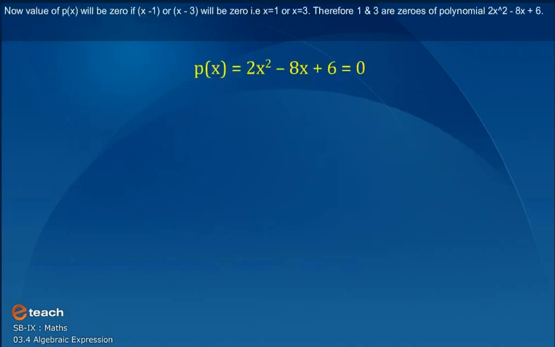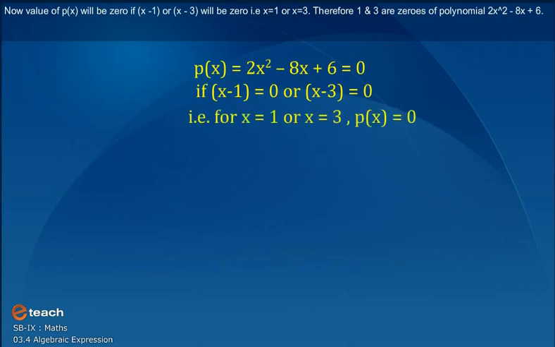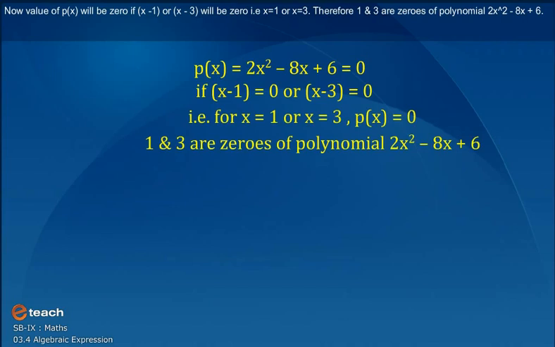Now the value of p of x will be 0 if x minus 1 or x minus 3 is 0. That is, x is equal to 1 or x is equal to 3. Therefore, 1 and 3 are zeros of the polynomial 2x squared minus 8x plus 6.